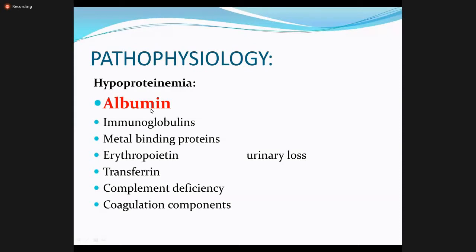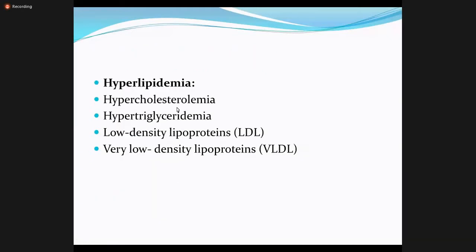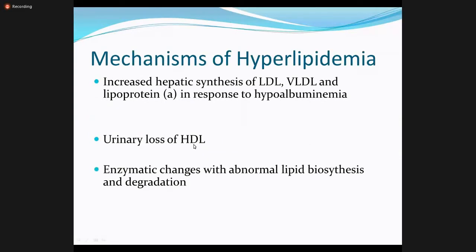So there is hyperlipidemia in nephrotic syndrome. There is also urinary loss of high density lipoprotein that is protective for the body, so they are more prone to atherosclerotic disease. Enzymatic changes with abnormal lipid biosynthesis and degradation are also there.